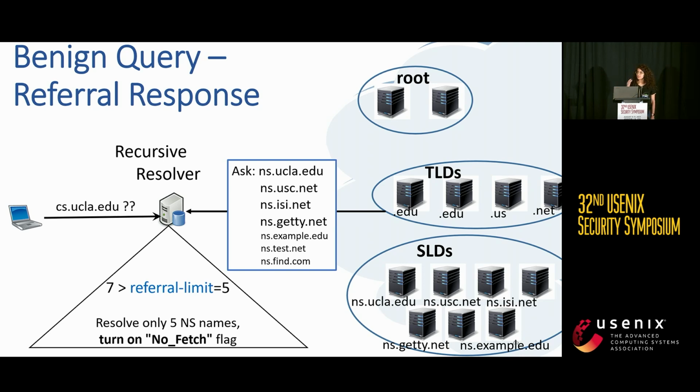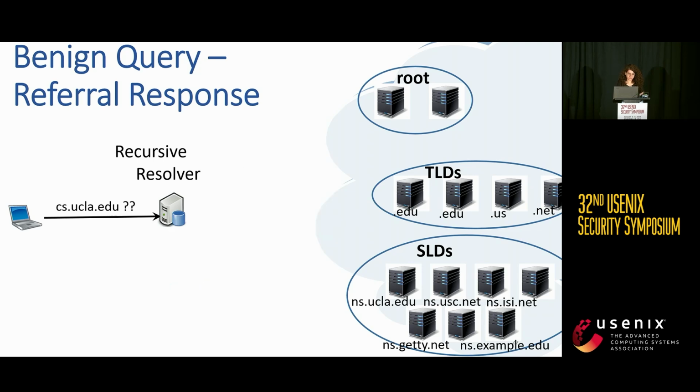After creating those resolution processes, it turns on the no-fetch flag. It's important to notice that this limitation did bound the number of requests sent between the resolver and authoritative servers, but it did not bound any type of resource used by the resolver itself to look up those names in memory.